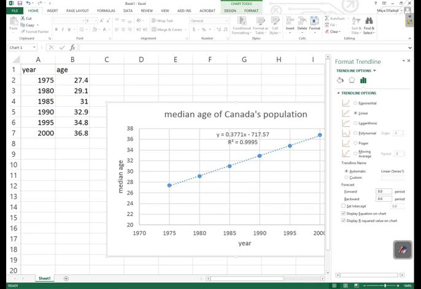Okay, so your equation is 0.3771x minus 717.57, which means that your slope or rate of change is 0.3771, okay?